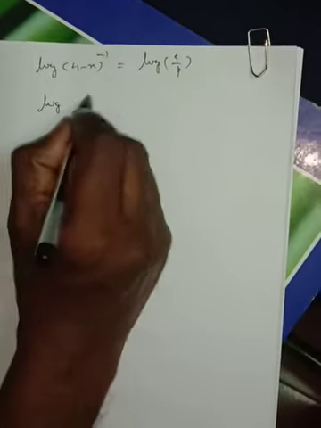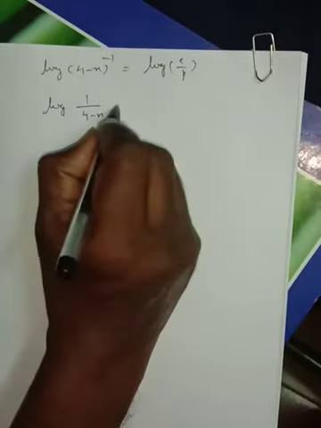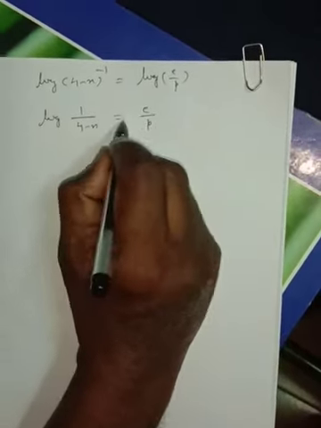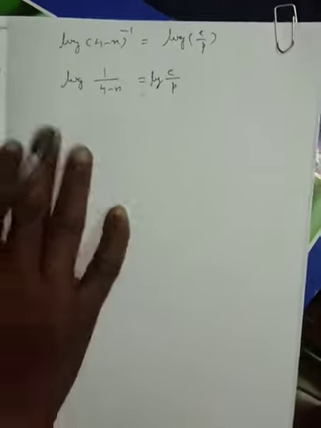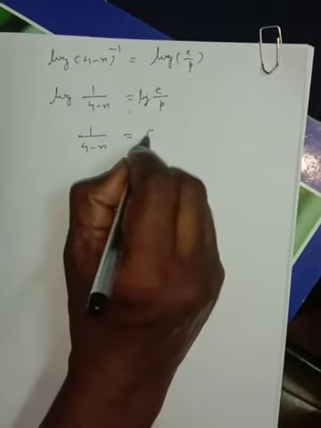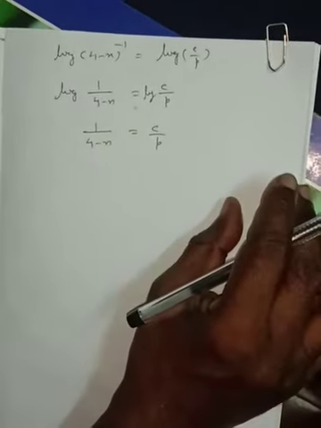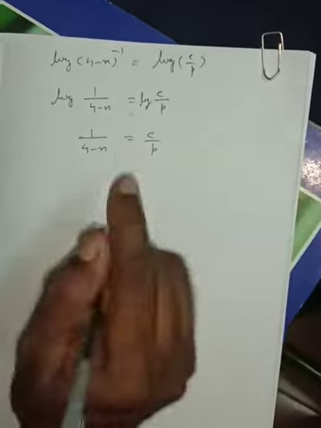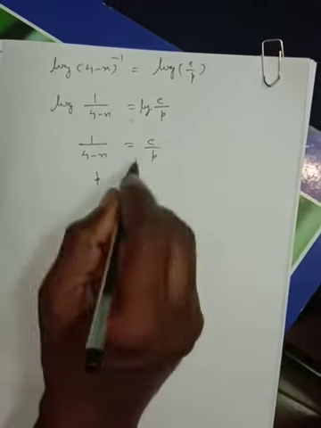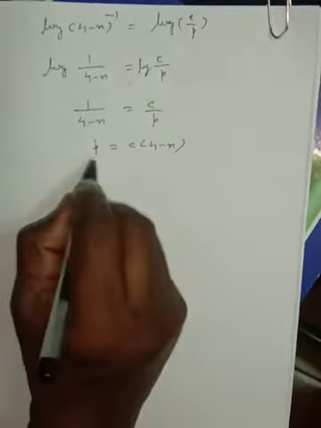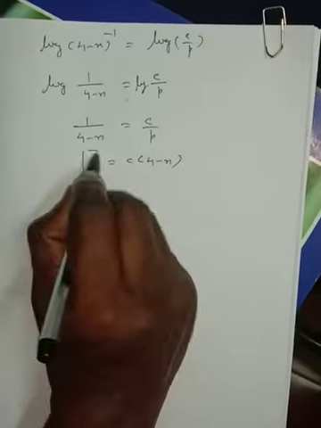Log of x power minus 1 means log 1 by x. Taking antilog on both sides, we have 1 by (4 minus x) is equal to c by p. Now cross multiplying, we have p is equal to c into (4 minus x). Number this as 1.